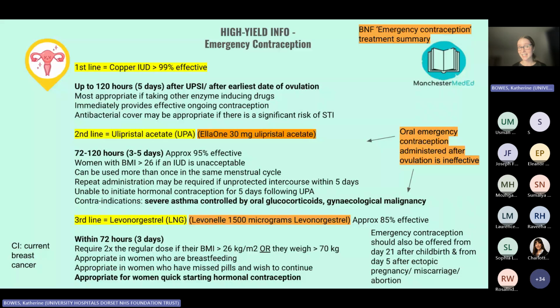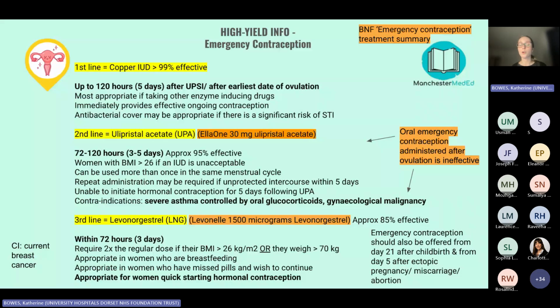And something really sneaky about the prescribing with this one is if you have a lady with a higher BMI, so more than 26, or if they weigh more than 70 kilograms, then they're going to require double the regular dose. So that might be something to look out for in a question. But this one is appropriate in women who are breastfeeding. And it's appropriate for women who want to quick start onto hormonal contraception.